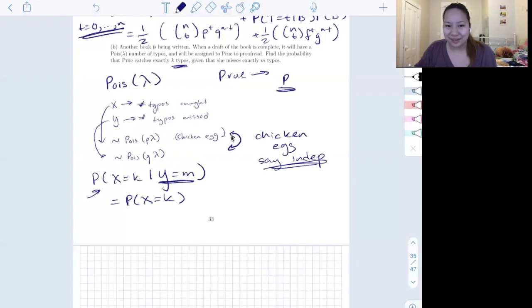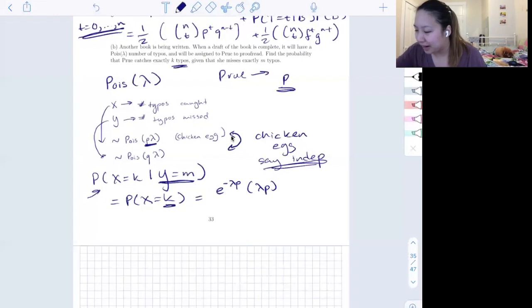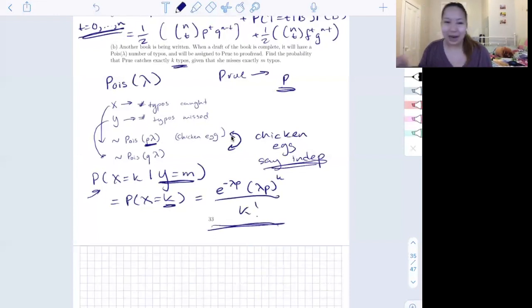And now we can just use the Poisson PMF, and that's going to be e to the rate, which is negative lambda P, since P lambda here, times the rate to our value K over K factorial. So this is our PMF. Now what's our support?